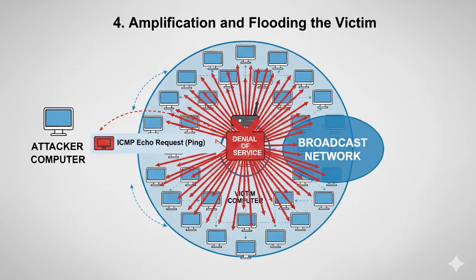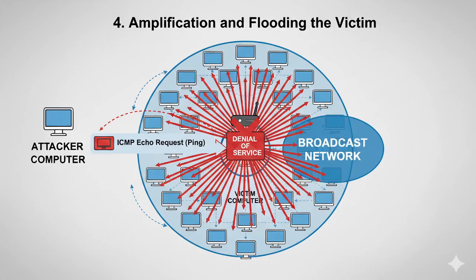The last step, step 4, amplification and flooding the victim. The devastating culmination of a Smurf attack. Every single computer on that broadcast network, having received the attacker's spoofed ping, now sends its ICMP echo reply back to the supposed source, which is in reality our victim computer. The victim is suddenly inundated with a massive concentrated flood of ICMP replies.